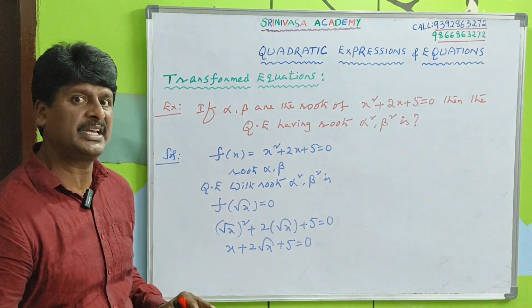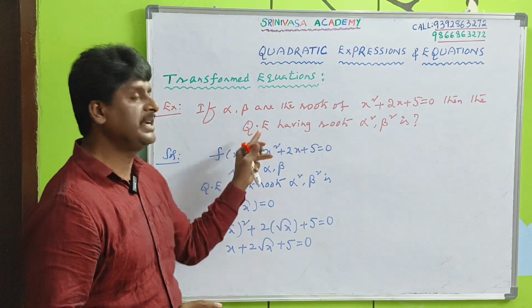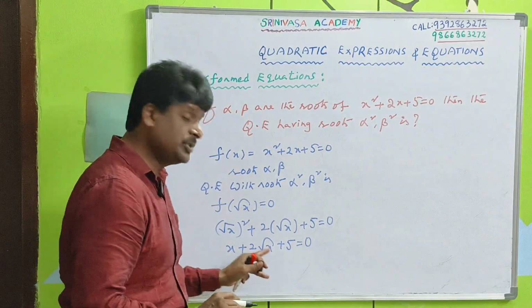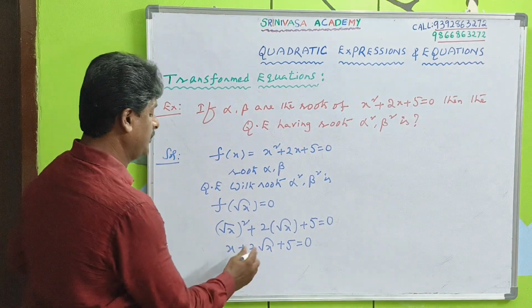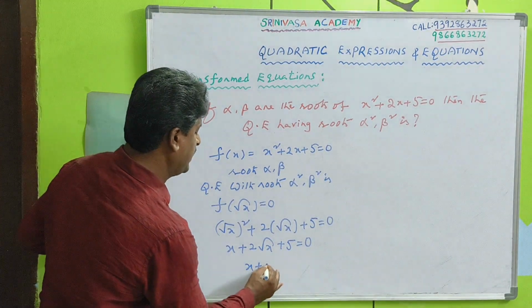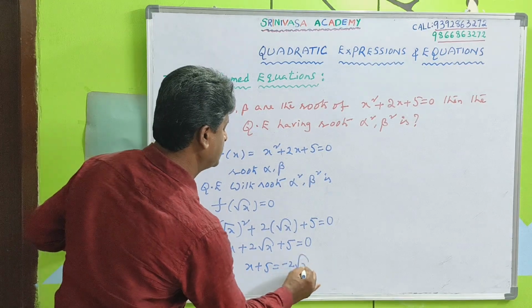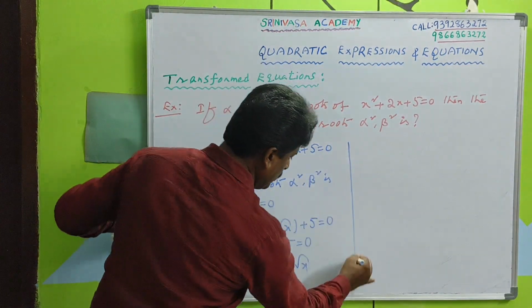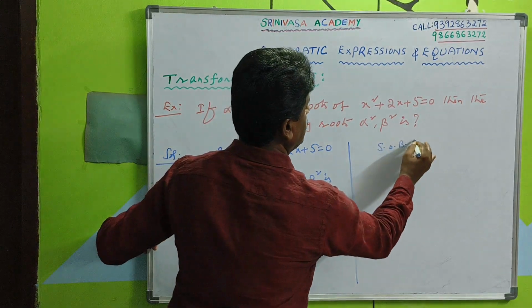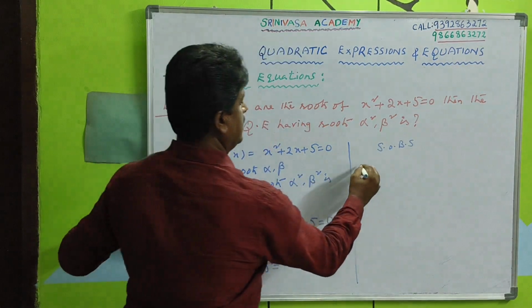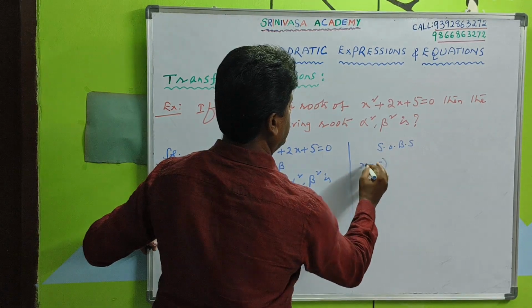But it is not quadratic equation. Our aim is to write quadratic equation. In order to get quadratic, we have to eliminate square root from this. X plus 5 is equals to minus 2 root x. Squaring on both sides. We get left hand side x plus 5 whole square.